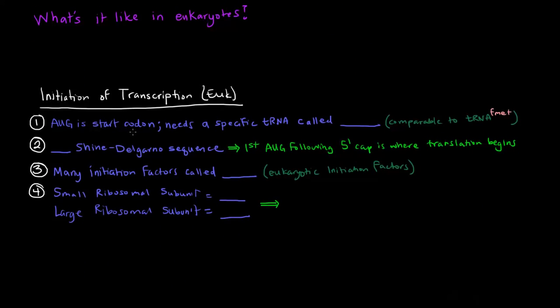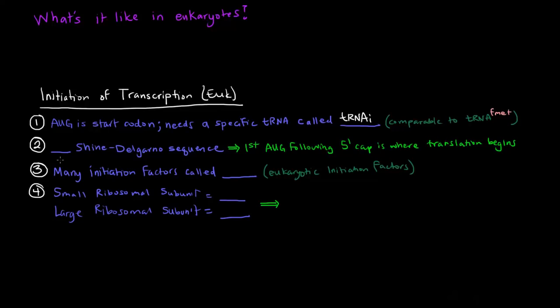AUG is the start codon, just like it is in prokaryotes, but eukaryotes need a specific tRNA called tRNAi, and the i stands for initiator. So this tRNA is the initiator tRNA. It's comparable to the tRNA F-met, which is the initiator tRNA in prokaryotes.